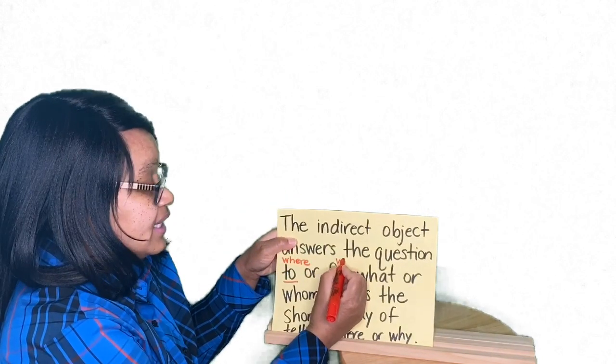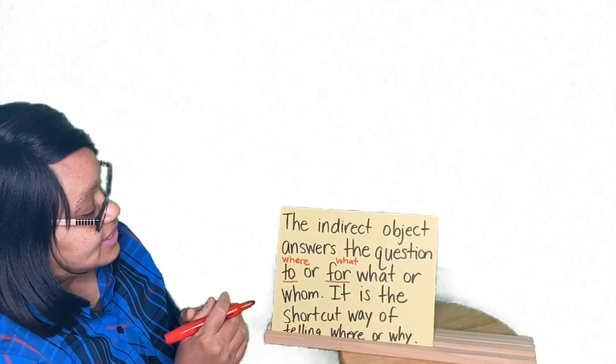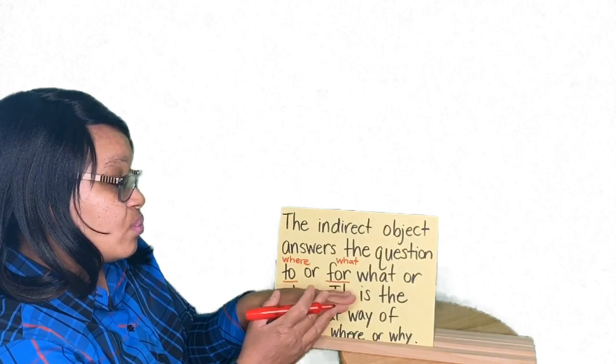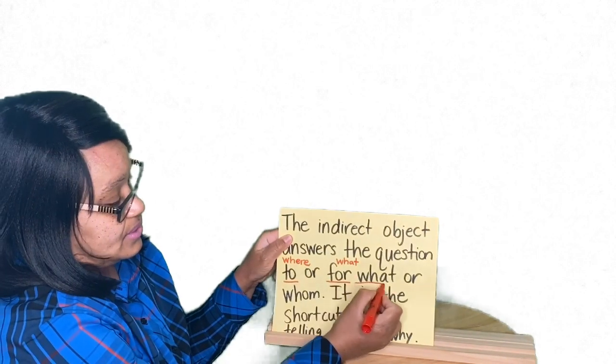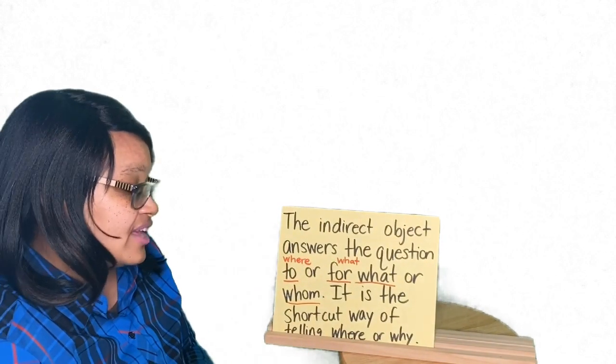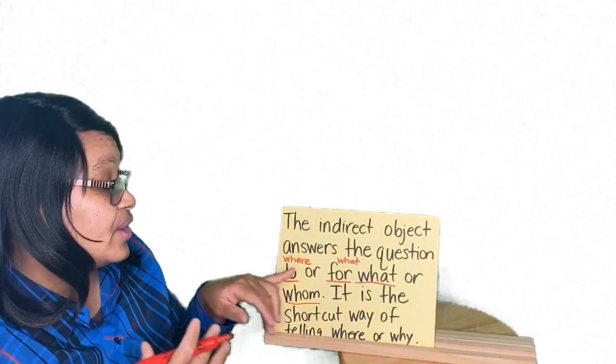For would be for what? So it answers the question to or for what or whom. It is the shortcut way of telling where or why. So it's going to tell us the where or why.